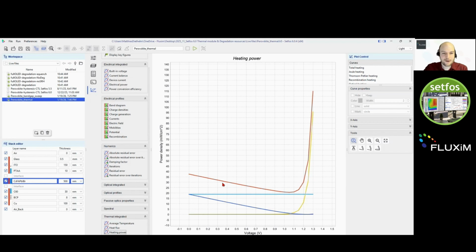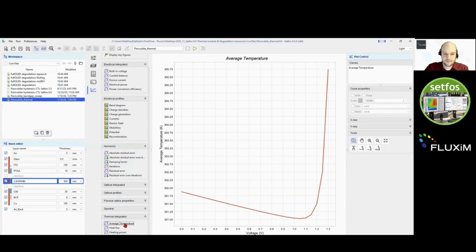And what's important now is to understand how this heating power translates to actual cell temperature. So in the model I chose here, you can see that this power translates only to a minor temperature increase from 300 Kelvin, which was chosen as a rough room temperature environment.